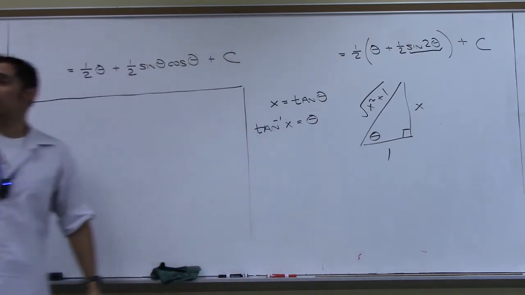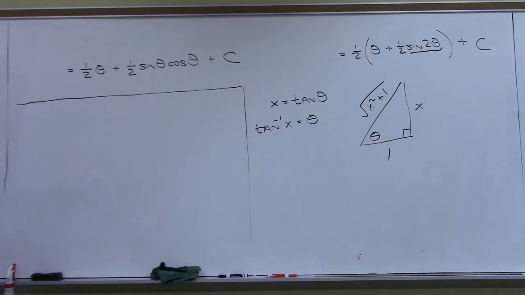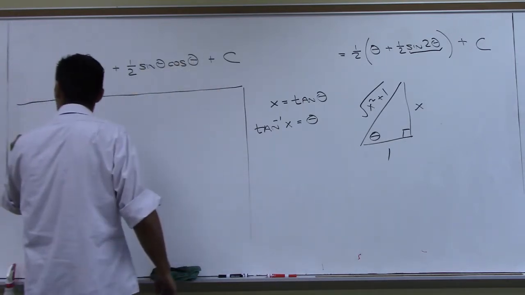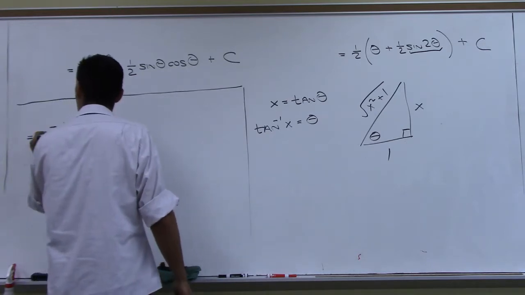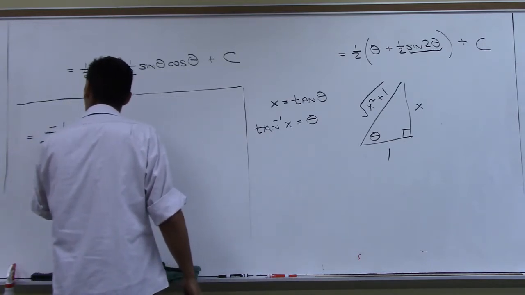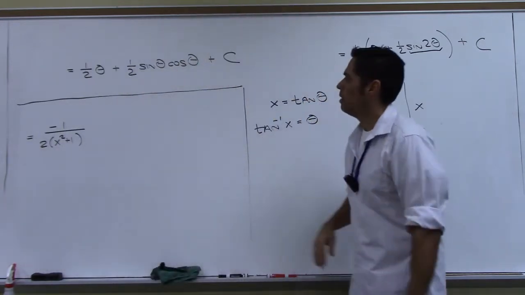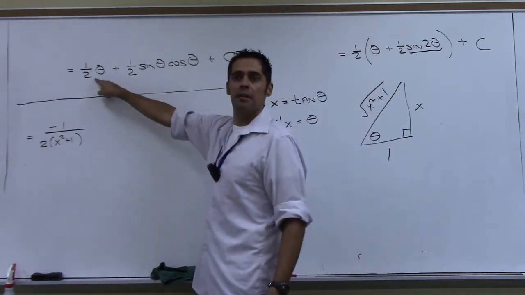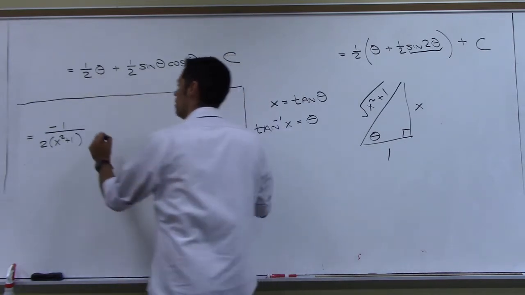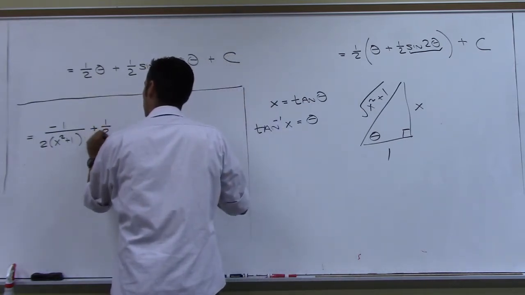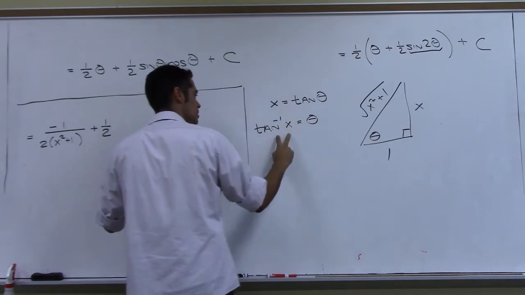All right, final answer time. I'm going to bring that part that I had from the earlier part of the problem. Here it is. Final answer equal to -1/2 times x squared plus 1. Okay, that's that integral we took care of in the very beginning. And then I have this, right? So plus 1/2 theta, but theta is arctan x.